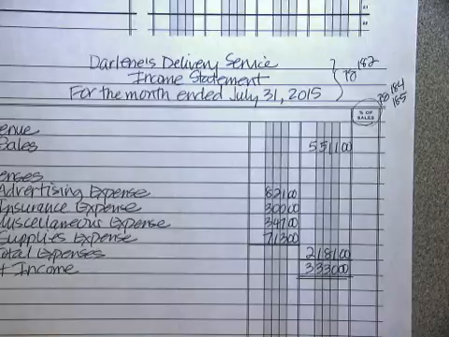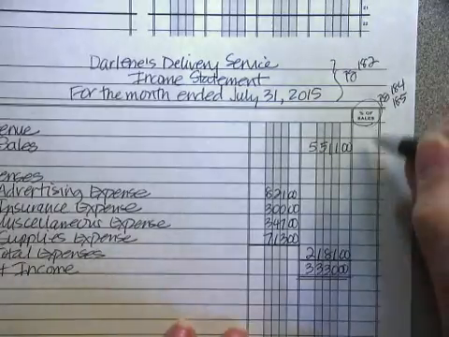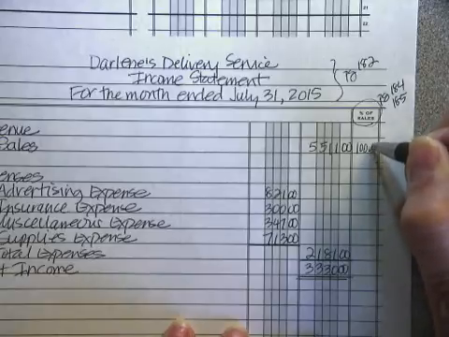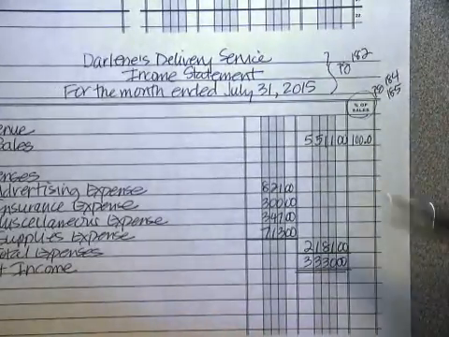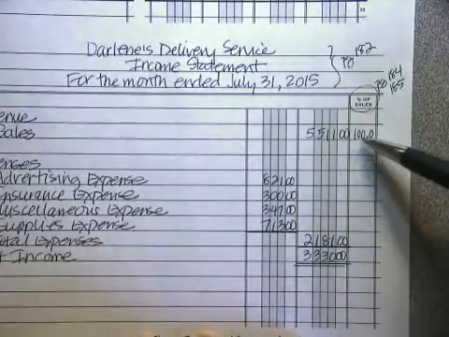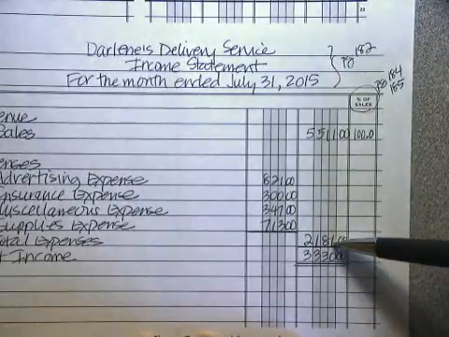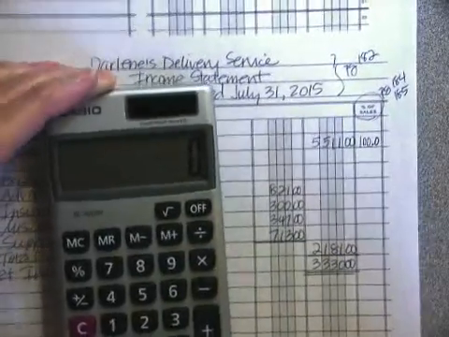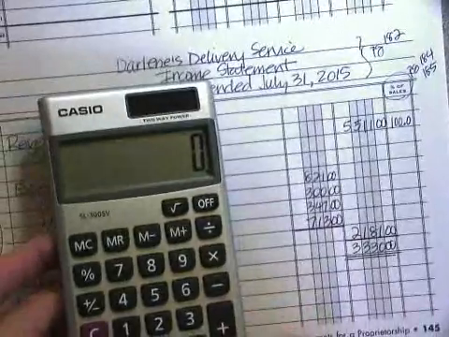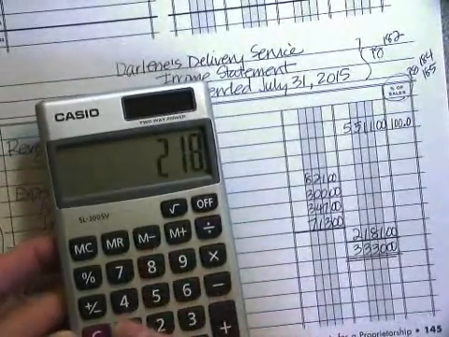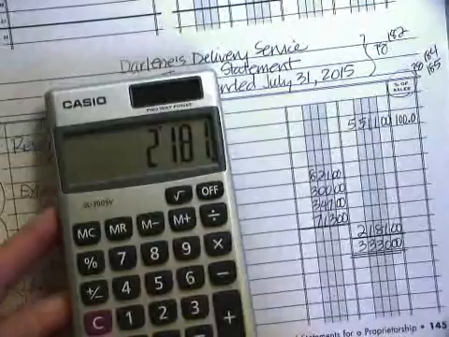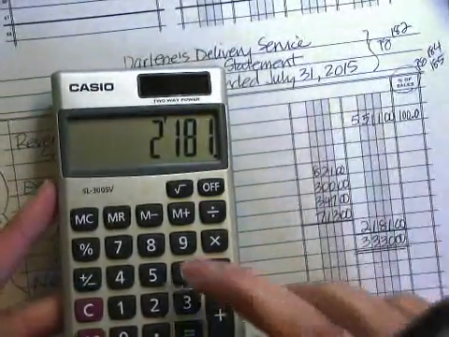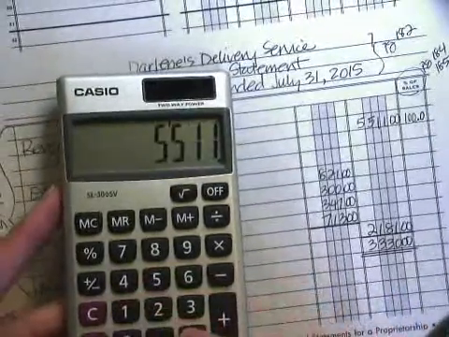Okay, so sales revenue is 100% of sales, 100.0. Remember, we're going to have one decimal place on each one of these. Now, how do we find out what percent of sales revenue is our expenses? We divide. So we're going to take, I'm trying to put this under here so you guys can see it, $2,181, our total expenses, and we're going to divide that by our total revenue, 5,511.